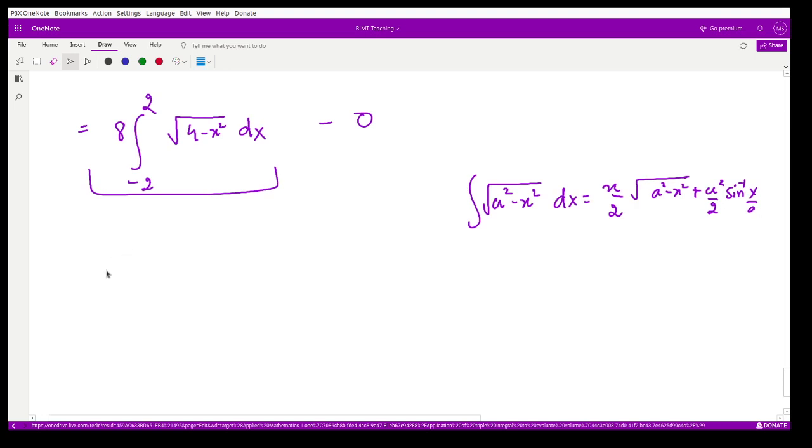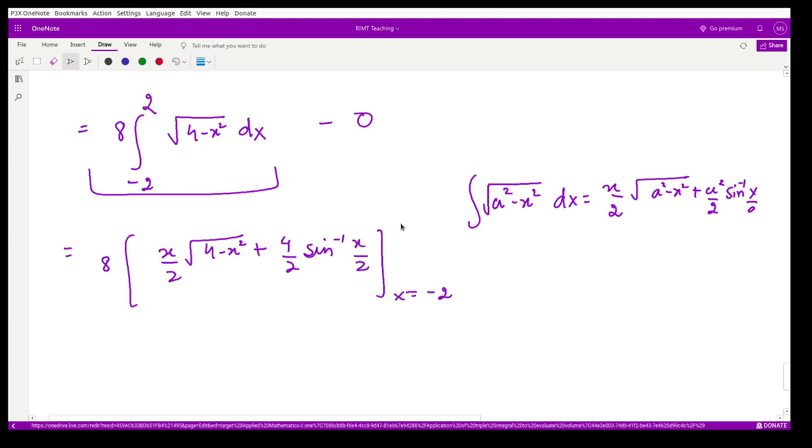Using this formula we have 8 as such, and its value is equal to x divided by 2 square root of 4 minus x square plus 4 divided by 2 sine inverse x upon 2, where the values of x vary from minus 2 to 2.